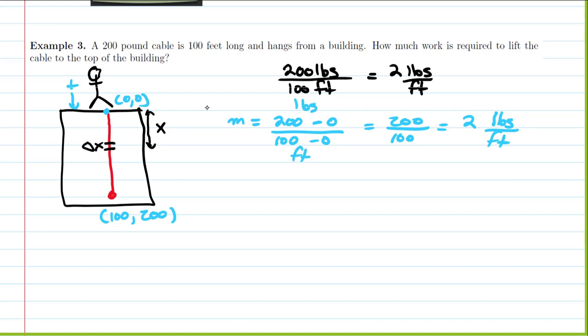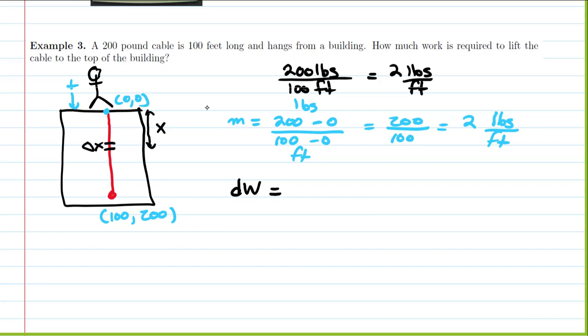So whether I think of it algebraically or in terms of a proportion, I get the same density. In either case, it confirms that our density is a unit rate of change, right? Something changing per something. It's a slope. So our density is 2 pounds per foot. Now we need to find the change in work, our dW. Work is force times distance.